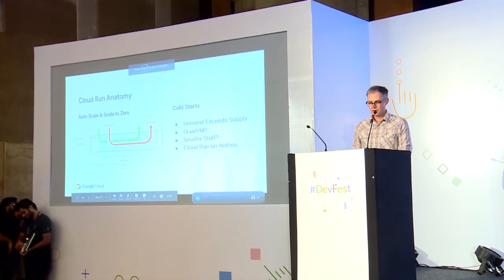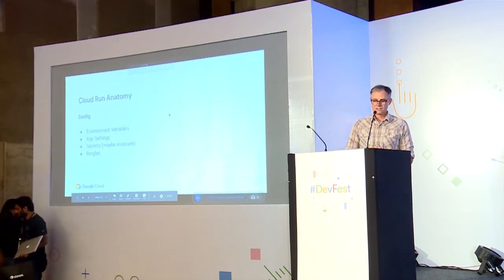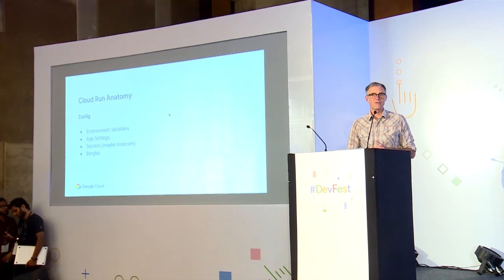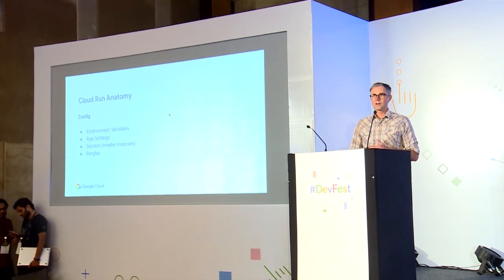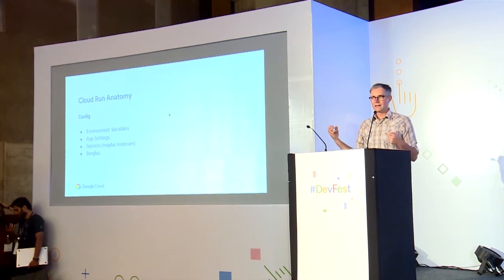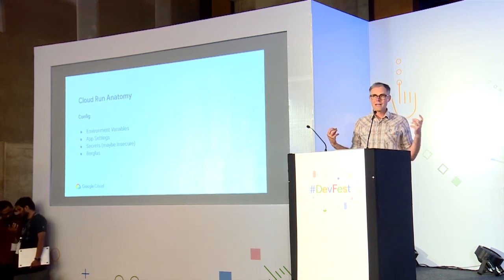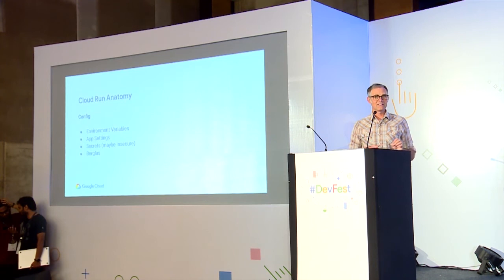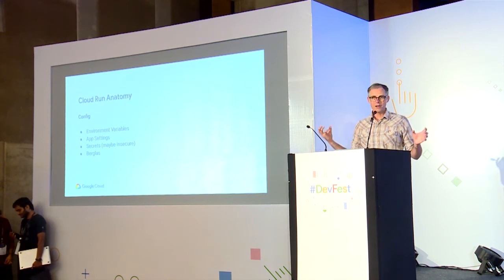Okay, let's go now onto the next part of Cloud Run, which is configuration. So with Cloud Run, with really anything now, we need to be able to externalize the configuration from the application. That's a best practice and definitely something you should do no matter what your platform.